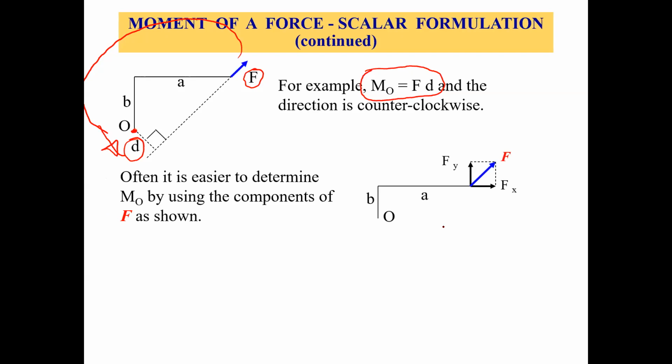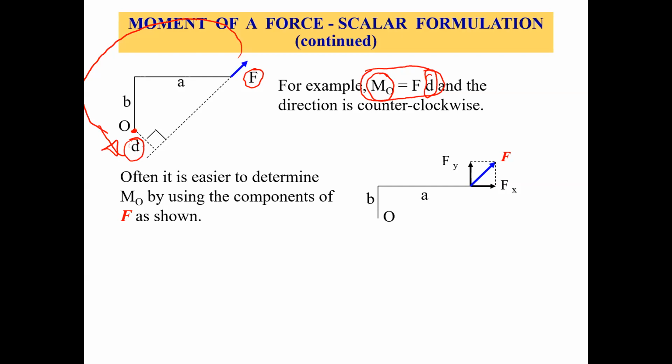Now in order to find the magnitude of M sub O, you need to have d. Mostly the force is already given, 20 pounds, 100 pounds, 500 pounds, any magnitude. Sometimes the distance is given, the perpendicular distance between the line of action of the force and the point of interest, but sometimes d is not given.